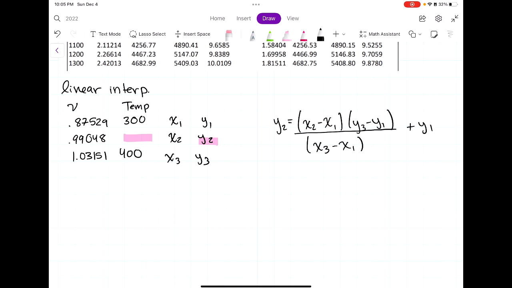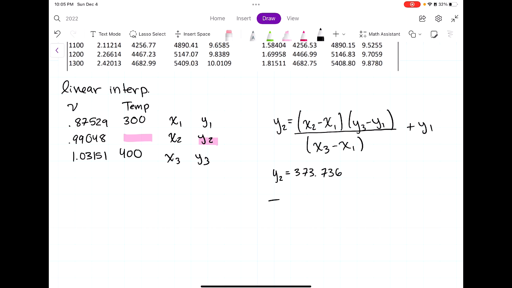And then I plug it into my formula, and I get that y2 is equal to 373.736. Just plug it into your calculator. I recommend either coding it into your calculator or having an Excel or an online calculator do it for you so you don't waste so much time during an exam.